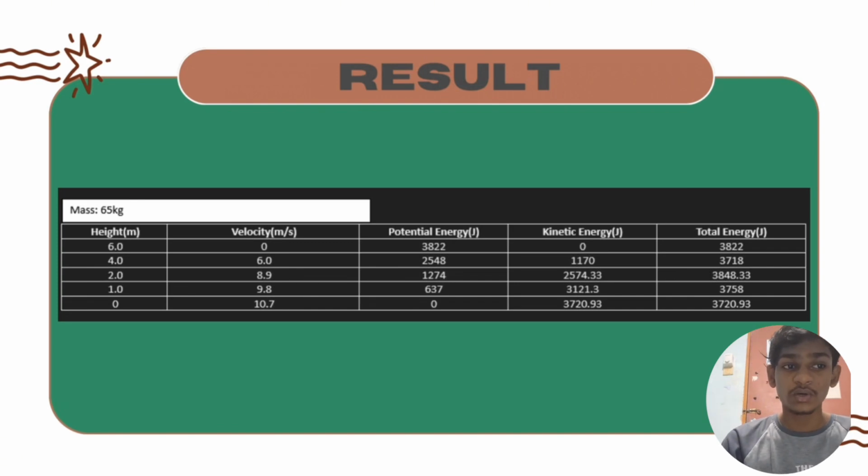At height 1.0 m, velocity is 9.8, potential 637, kinetic energy 3121.3, and total energy 3758. At height 0, velocity is 10.7, potential 0, kinetic energy 3720.93, and total energy 3720.93.